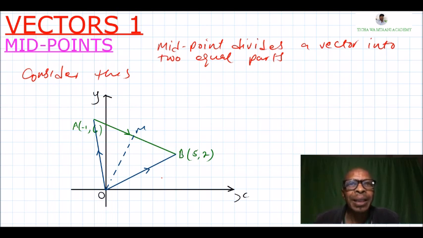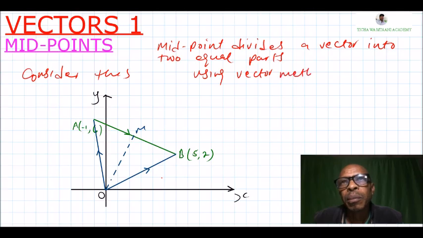Now, using the vector method, since we are saying that M is the midpoint, the vector OM is equal to, you follow this route, OA plus AM. So we say it is OA plus a half AB.